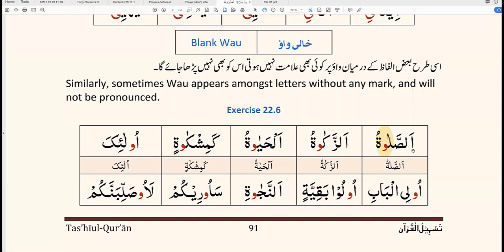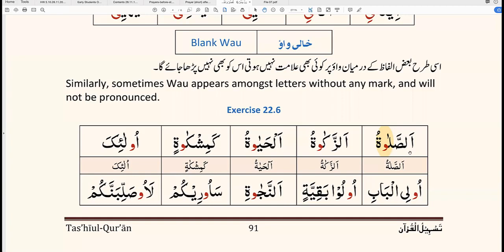Okay, so we are going to miss the lam. This is a lam that you miss out. You were taught this in combining a few lessons back, okay? So we miss out the lam and we join the alif to the sad. So, as-sa, Aso. Well done, very nice pronunciation. La-tu, Latu. Well done.